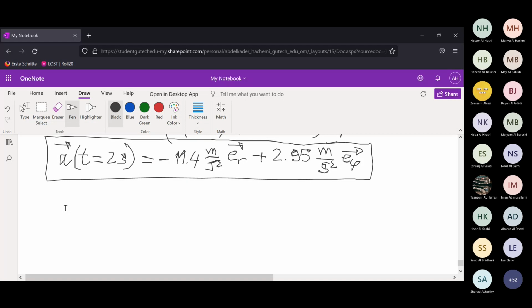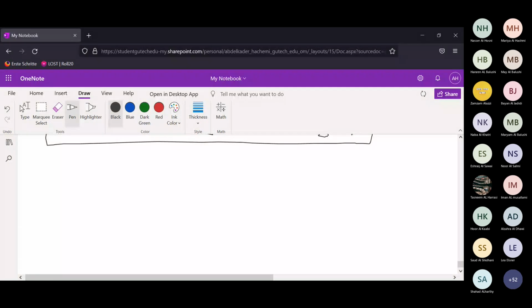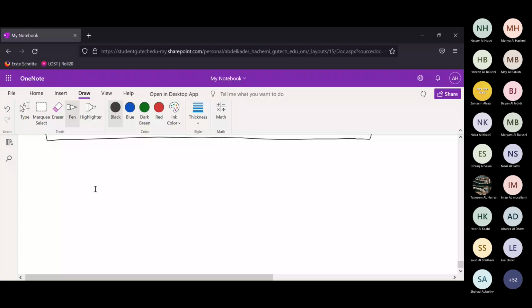Now, if I have to sketch this component, I show you that here we have the point of the mass m rotating with omega, and in this case we have our arm, and we have our mass here, m.